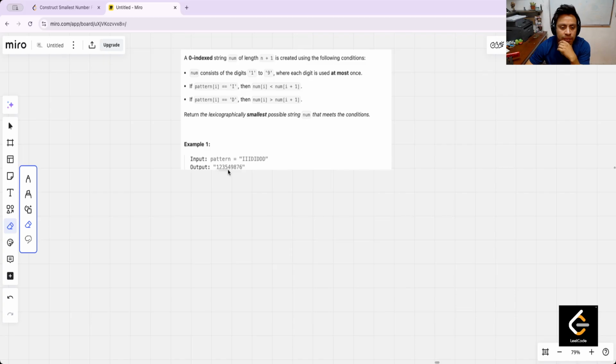For the case of I, the values appear in increasing order.